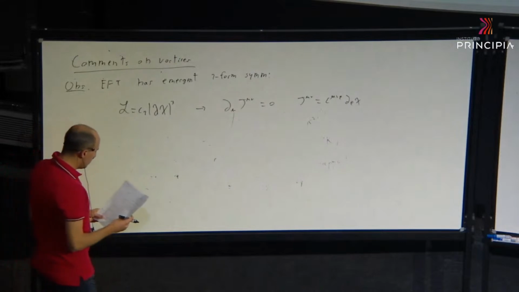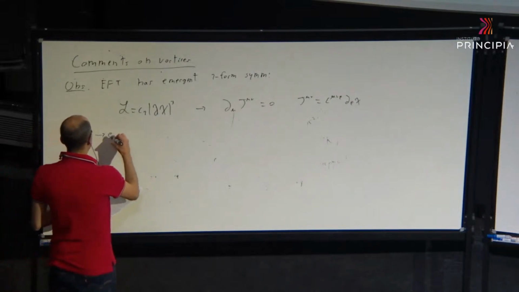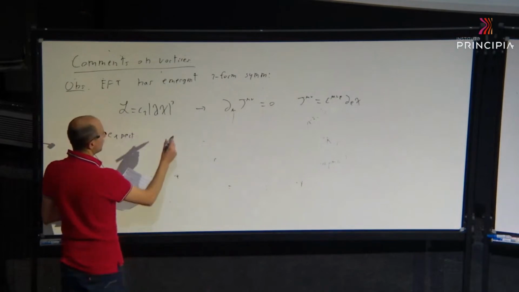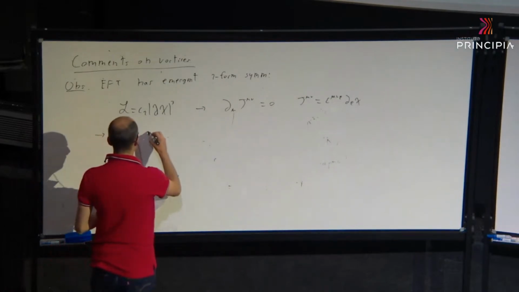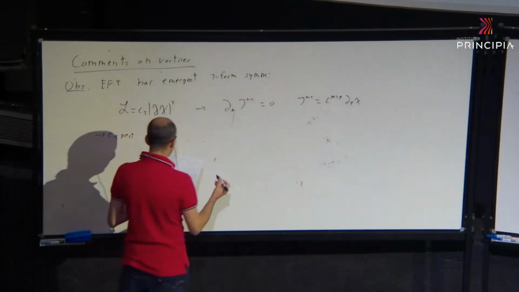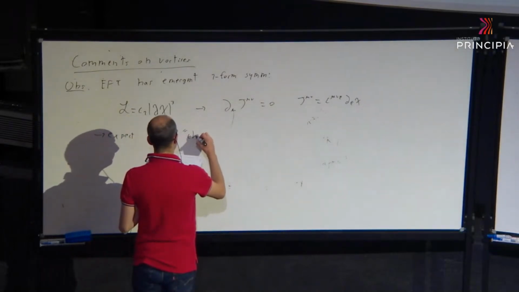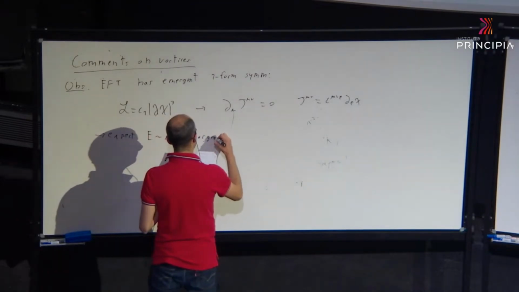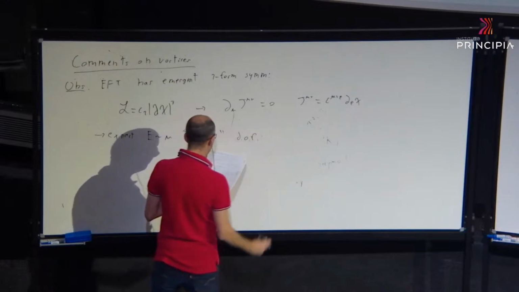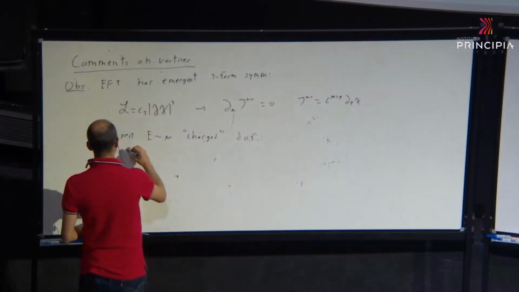Since you don't have these degrees of freedom in the effective field theory, you don't have operators that break this symmetry in a controlled way, you should expect something else. These are all fancy words, but all I'm saying is that you should expect that the theory admits vortices.